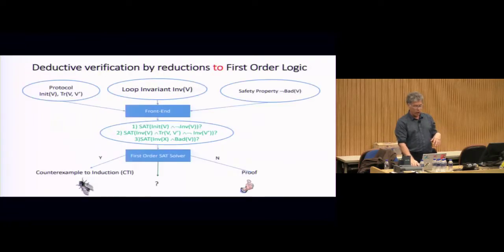So there's been a huge amount of progress in automated theorem provers, to the extent that now for automated deduction we can take the notion of a system specification, say a protocol or an implementation, described by an initial set of states and a transition relation.